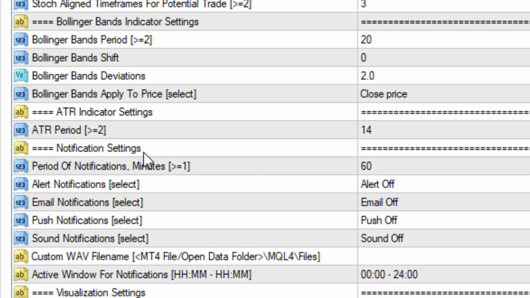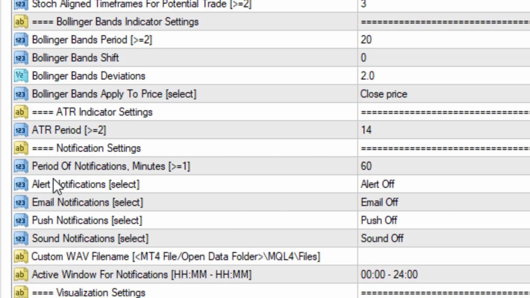In the notification section, there are alert notifications, email notifications, pop-up alerts, push notifications, and sound notifications. So those are all notifications that you can be alerted for trading opportunities.